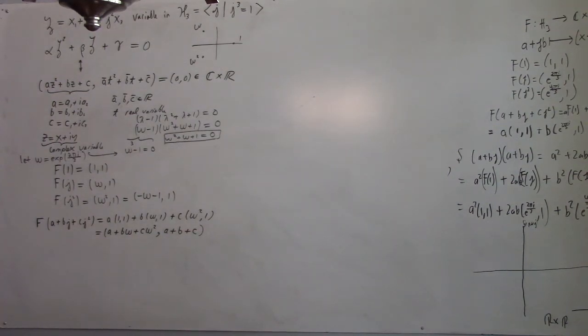Oh, that's nice. Wait, so the only quadratic we're solving is in the complex? We wouldn't even have to solve a quadratic? Oh no, this is just the map. We're not to the quadratic yet.